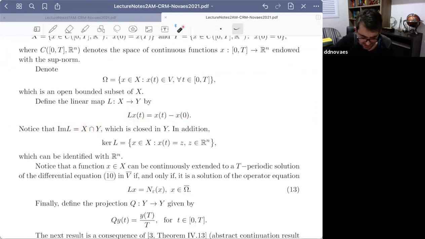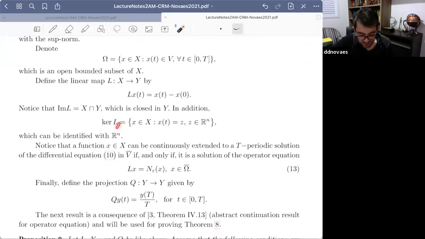And we can see that this image is closed in Y. In addition, the kernel of this linear map is just the constant functions, so the kernel of L can be identified with R^n.